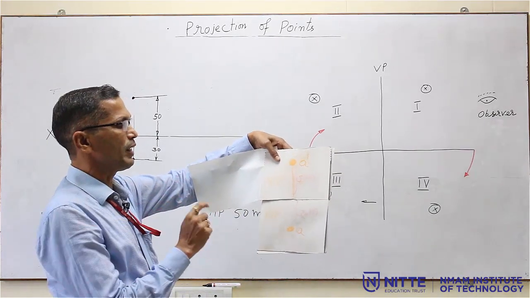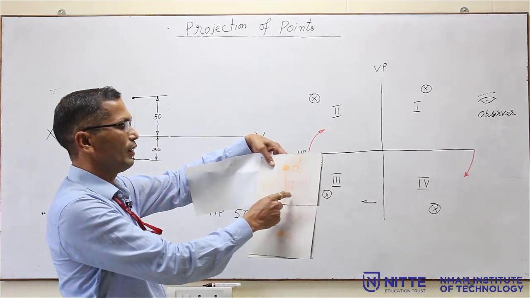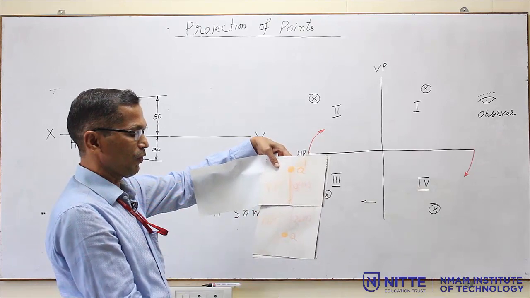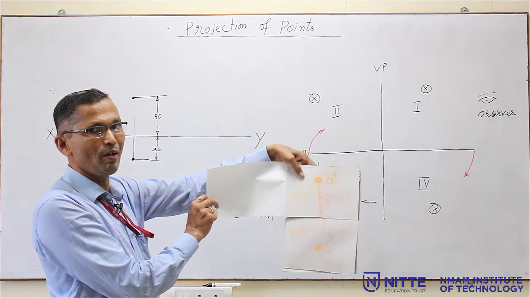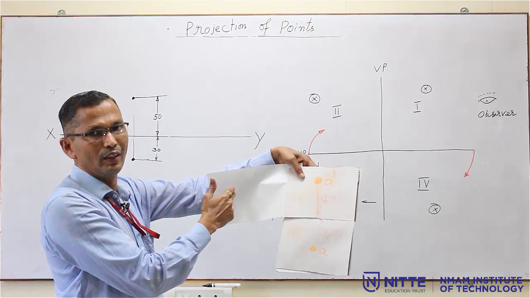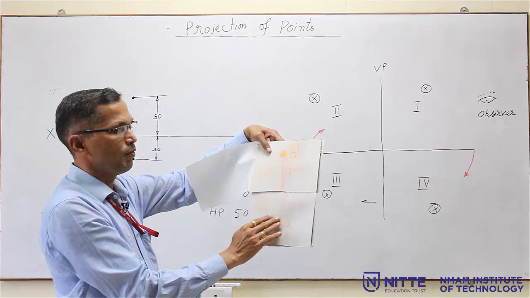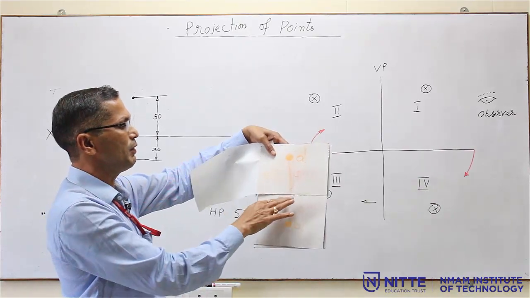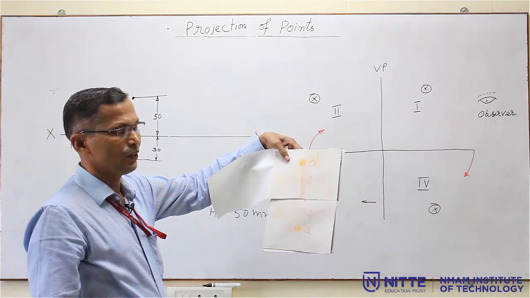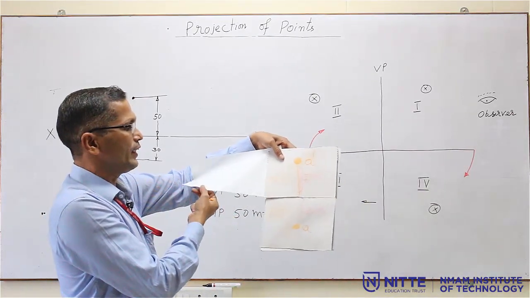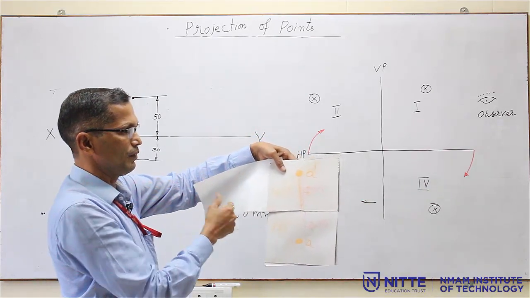This is very important, because whenever we are going to draw in the second quadrant or the fourth quadrant, you will be confused. Always the profile plane will be adjacent to VP. So, your profile plane cannot come here, because this is HP now. We are talking about the first quadrant. First quadrant means below the XY line is HP, above the XY line is VP. So, while drawing here, always the profile plane will be adjacent to VP.